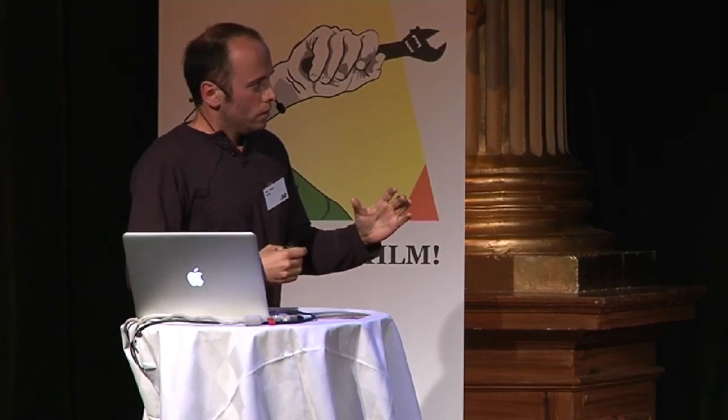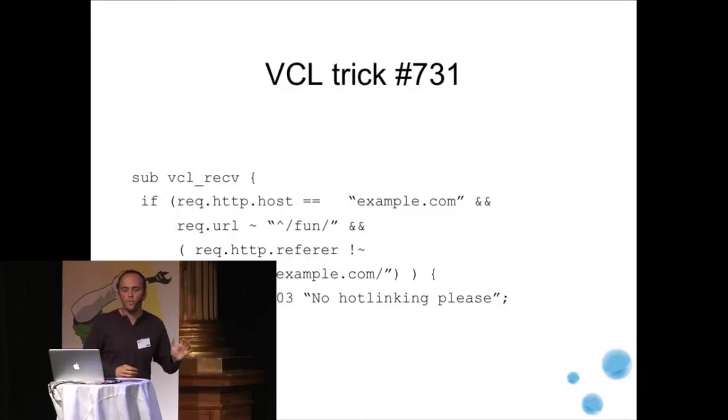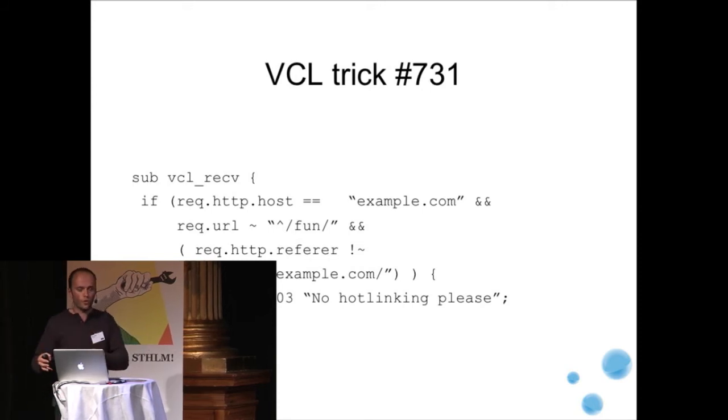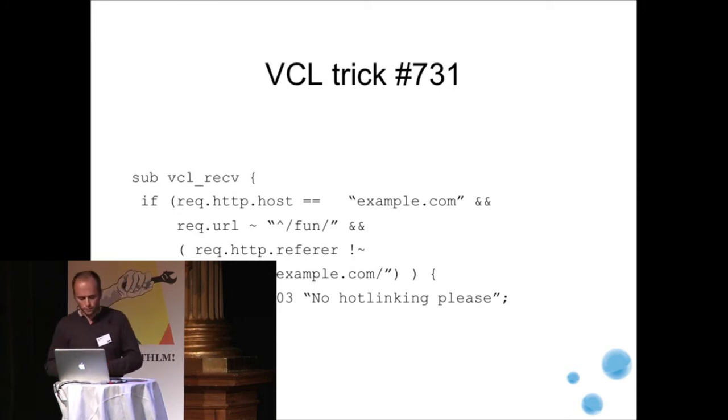And also, if I go back to the configuration style of Varnish, if you can imagine how a feature like hot linking would be described in a key value sort of configuration language, it would be quite bad, because you have to allow it for some objects, and some other objects you can't allow it, and it becomes really messy.